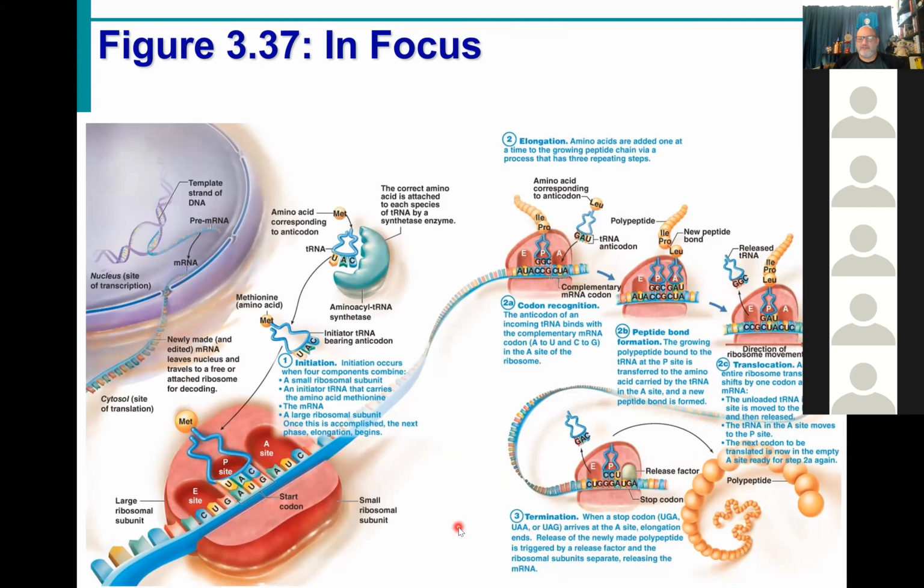But again, all that release factor is doing is bringing a water to the party. And that water then allows it to be released. Notice it even shows the enzyme that's putting the amino acids on our transfer RNAs.